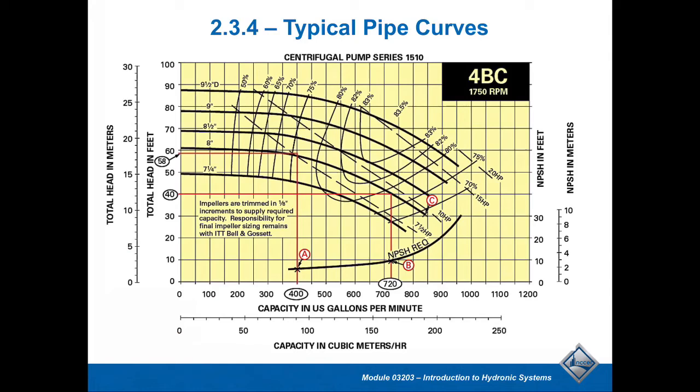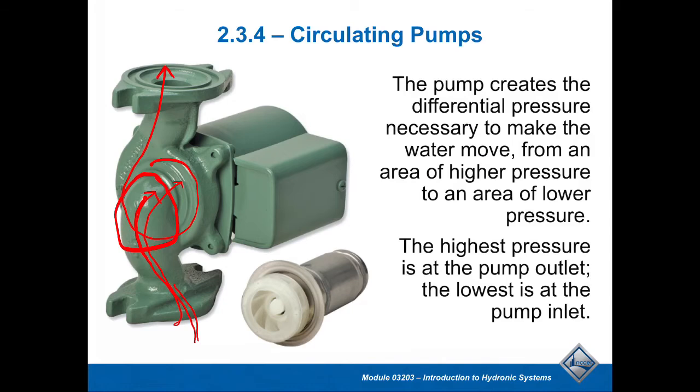So very simple. Let's talk a little bit about the circulator and some of what we have to deal with. This pump here we consider a cartridge circulator or a cartridge pump.